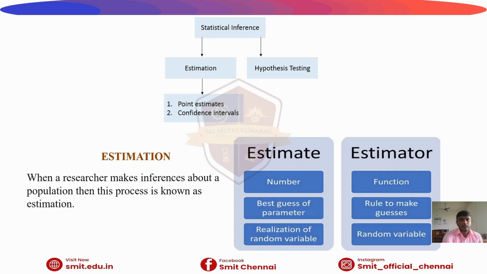You can see the estimate and estimator. Estimator includes the numbers, best guess of parameter, realization of random variable, where the estimator includes functions, rule to make guesses, and the random variable.